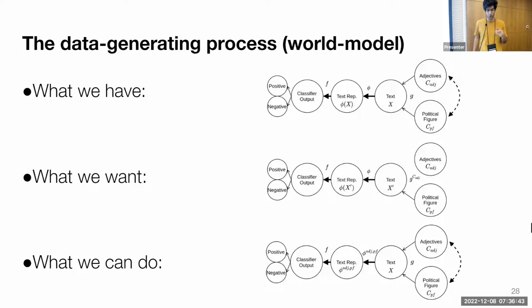So what we have here is a case where both adjectives and political figures are generating some text, and then we're encoding it in some text representation, which is then getting outputted into a model prediction. What we would want to have is a world where adjectives do not cause text. The only thing that's causing text is our political figure. But this is something that's not possible, right? We don't have those examples where there are no adjectives in our training data or in our test data, and only political figures are being discussed.